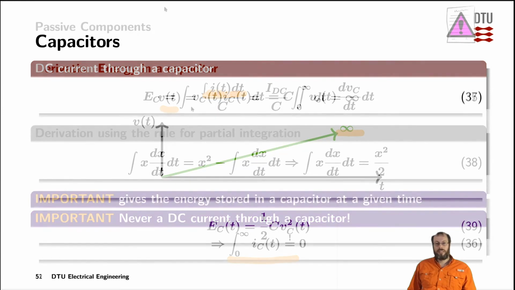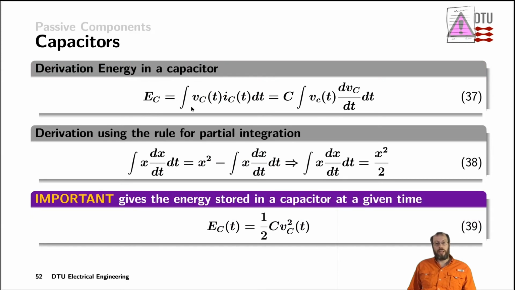The instantaneous energy stored in the capacitor is the integral of the instantaneous power represented by the voltage across the capacitor and the current flowing through the capacitor at that exact amount of time.